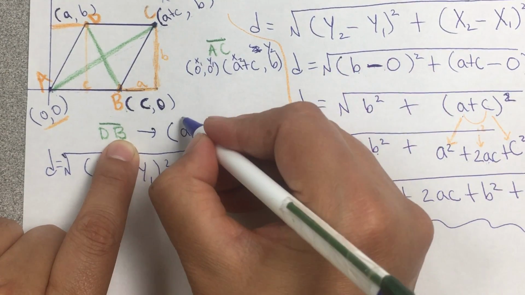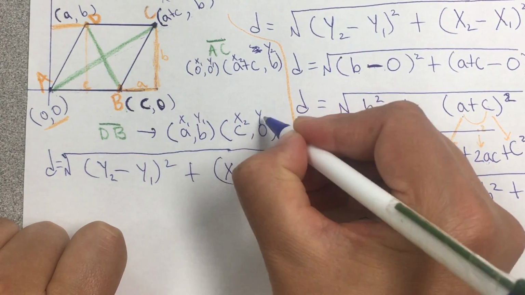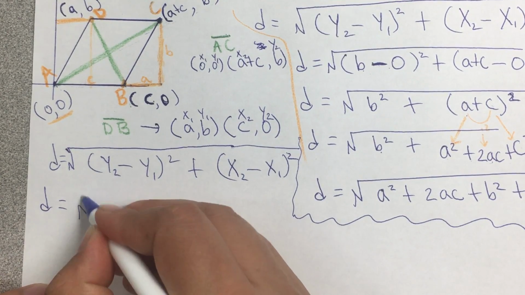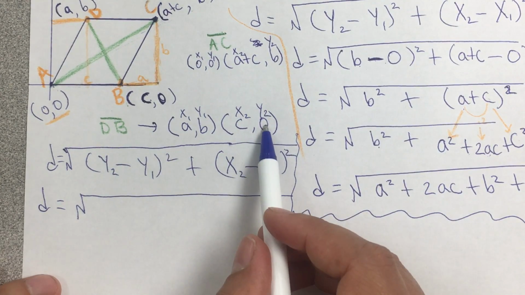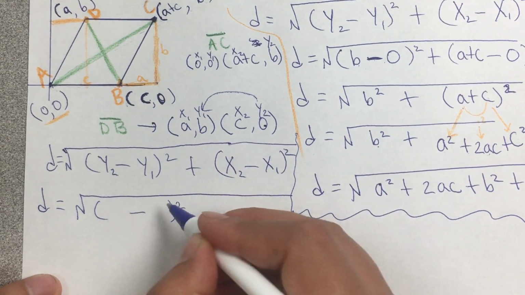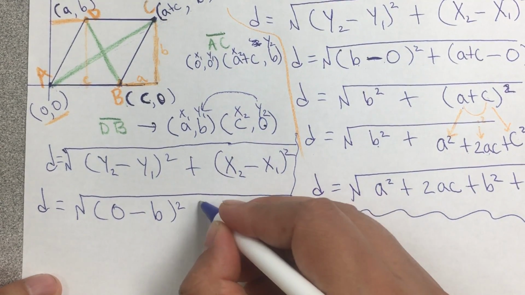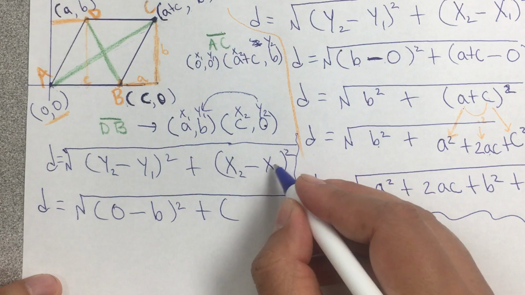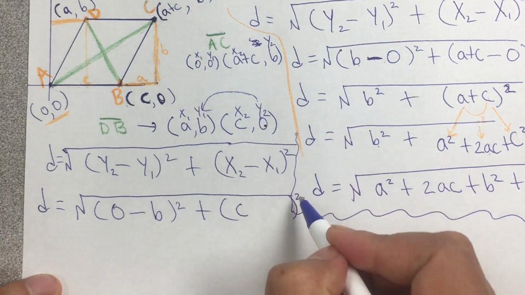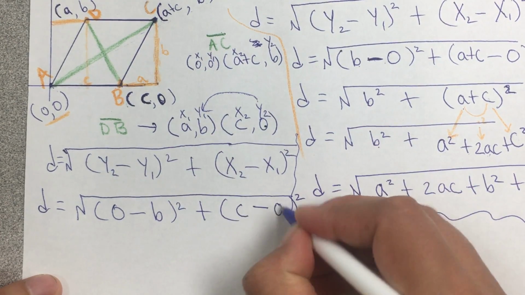So this is X1, Y1, X2, Y2. Now I can substitute those values. Y2 minus Y1: Y2 is 0, minus Y1 is B, plus X2 minus X1, so that's C, and don't forget the 2, minus A.